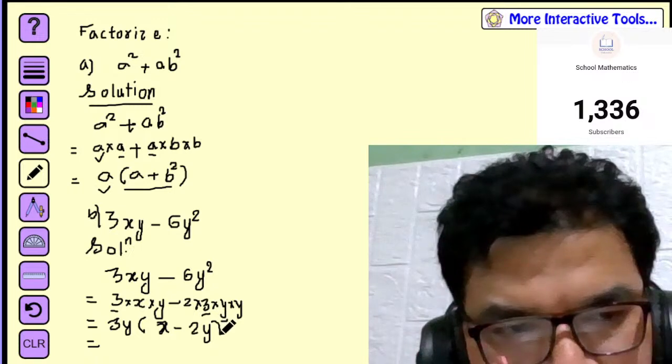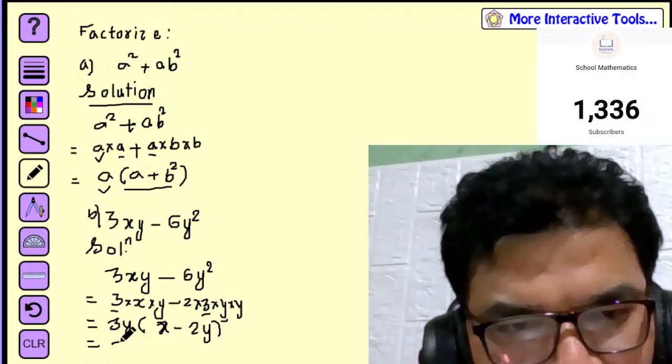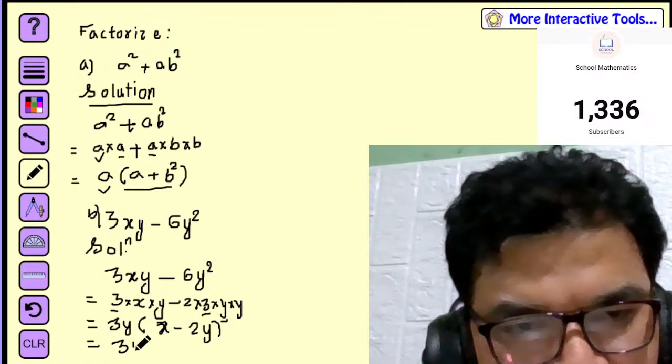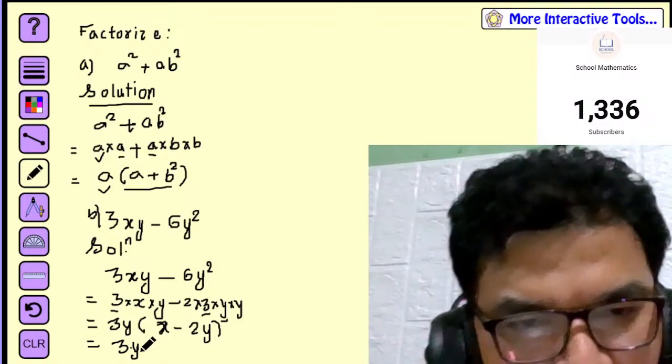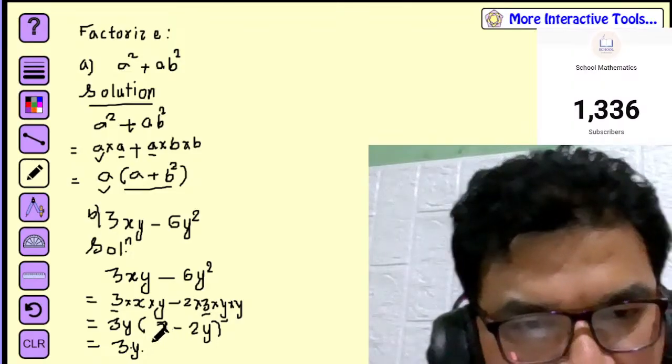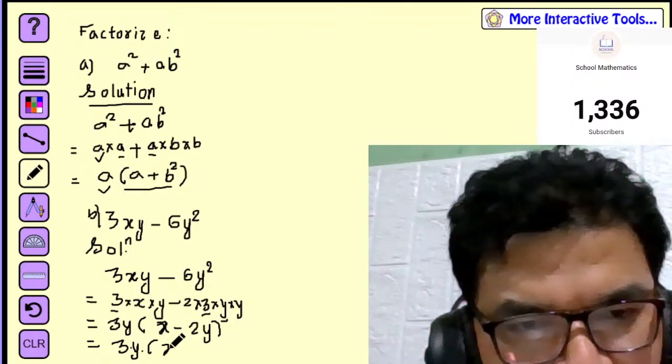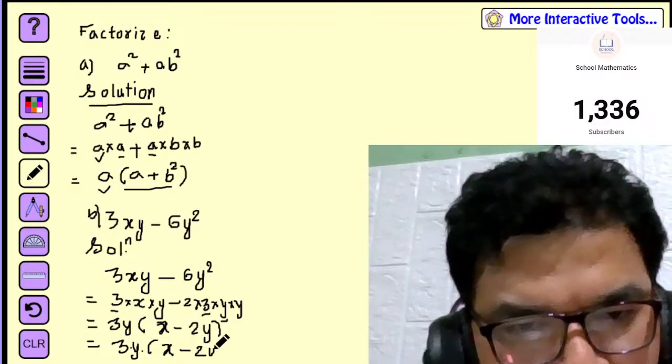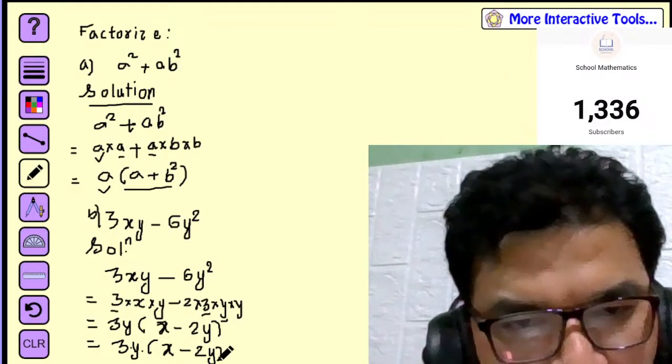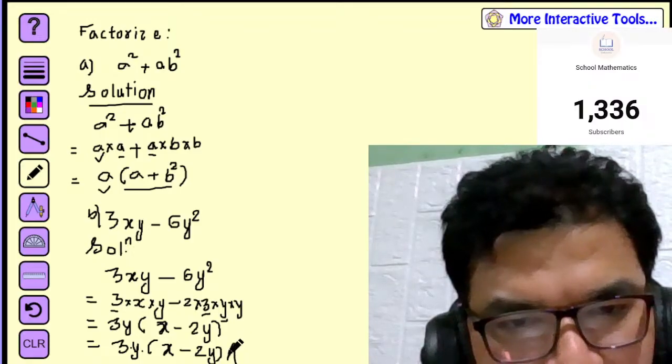Okay, like this we write here, and these are the two factors. One factor is 3y. You can write 3 is also one factor, 3 into y. And the remaining factor in the bracket is x minus 2y. Okay, like this we factorize the algebraic expression by taking common.